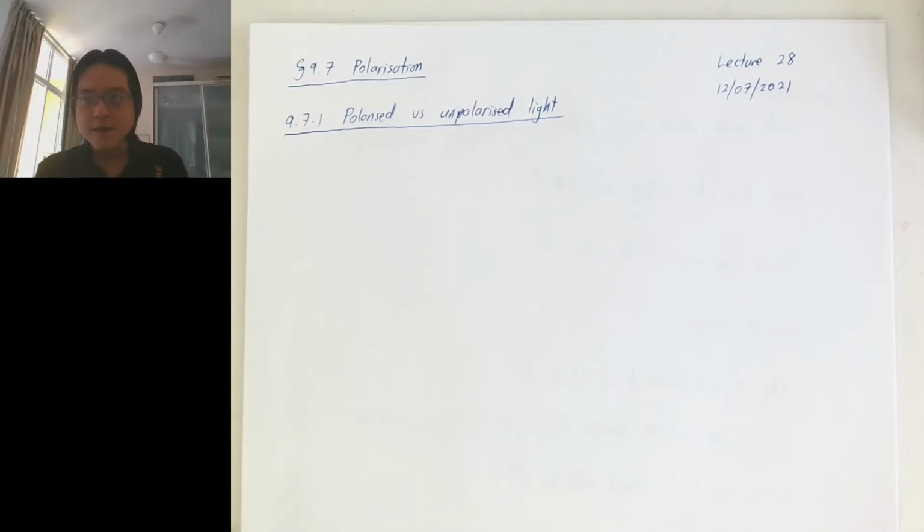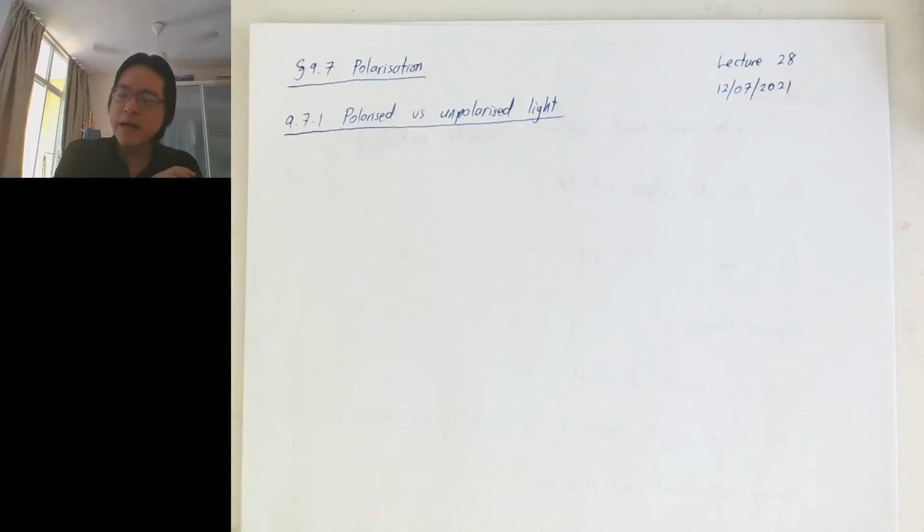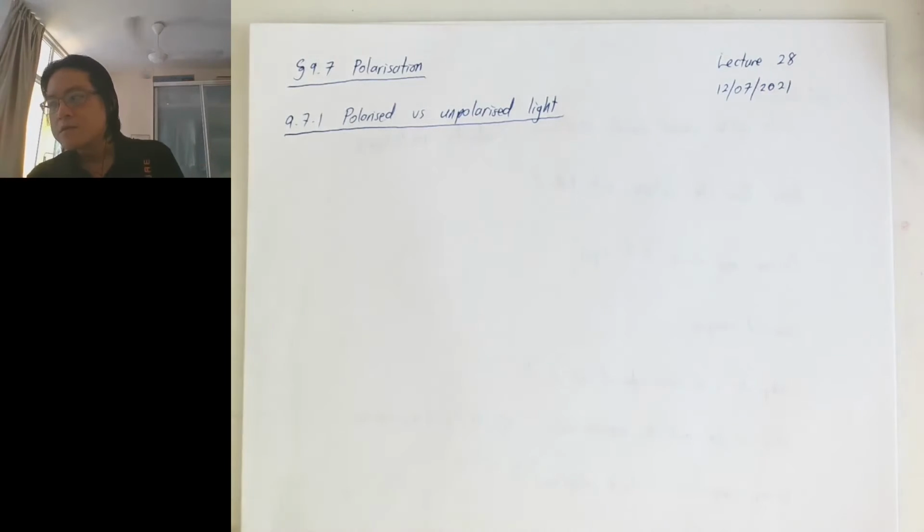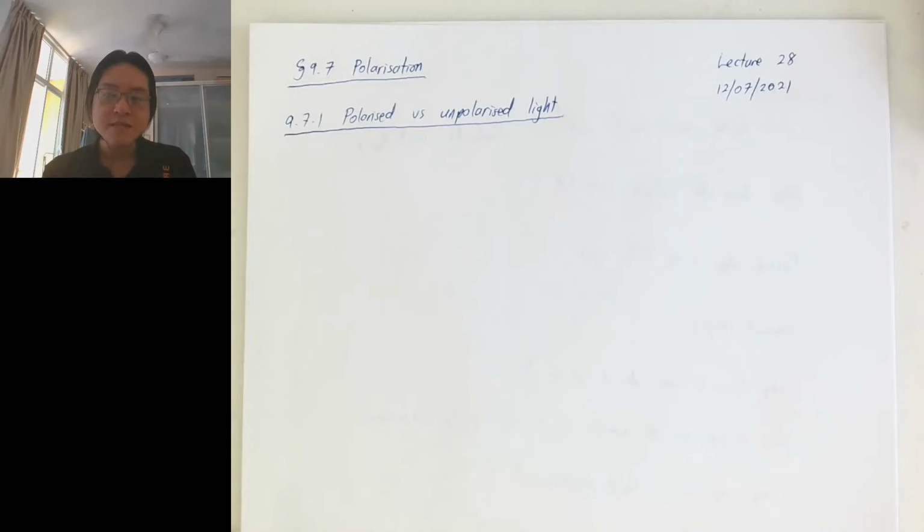If you have been trying the tutorial questions, the last two questions are a bit challenging, right? But if you use the method I've been telling you, it's actually not that bad. So I'm going to talk about those things after we finish this topic. That will be the first and second part of today's class.